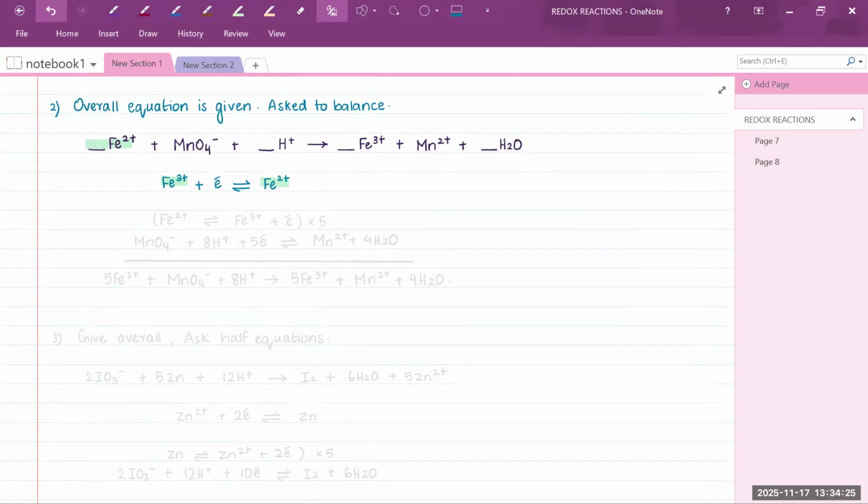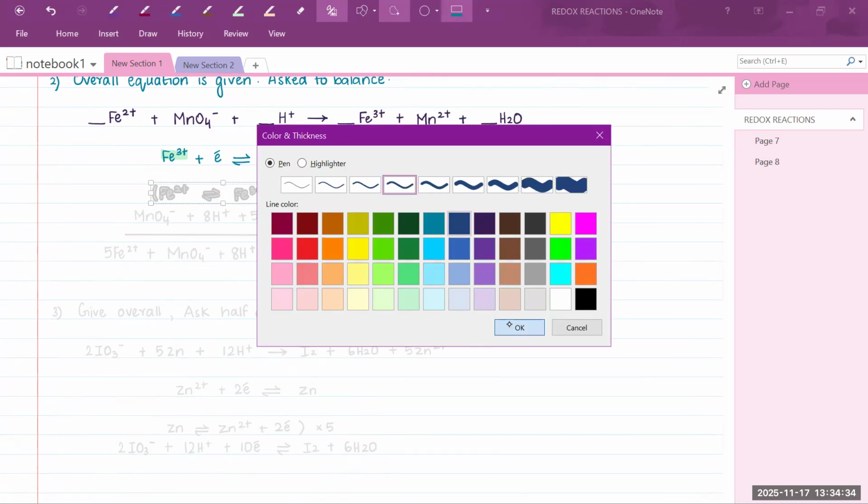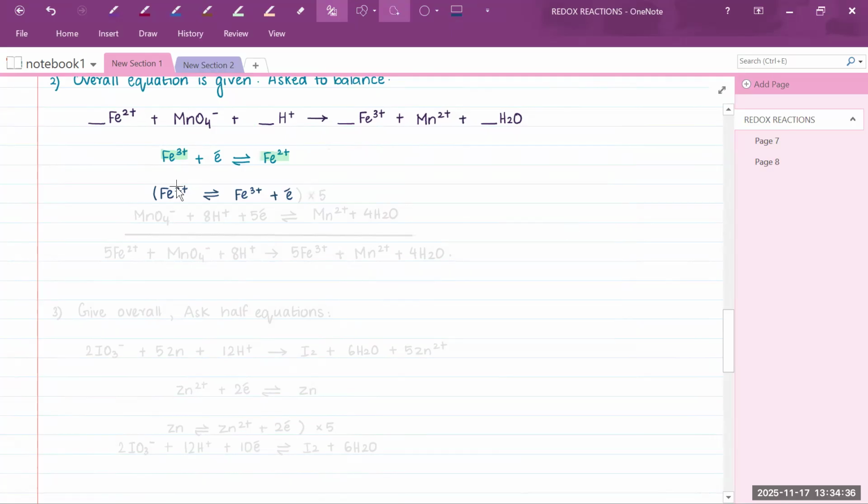So what we'll have to do is just flip the equation, right? Okay, we have flipped the equation. We have Fe2 plus on the reactant side now and Fe3 plus on the product side. And this is an overall oxidation reaction. Because if we take both as reductions, that cannot be the case. One has to be oxidation and one has to be reduction, right?